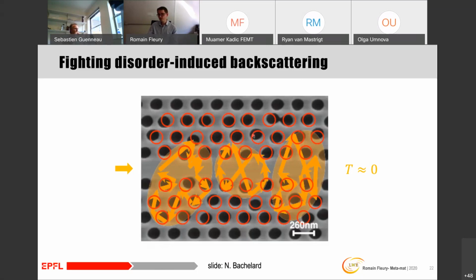And you can have disorder-induced scattering. It's an example of a waveguide. It destroys what you want to do. Here, it kills the transmission because the disorder induces backscattering. So we don't want that. We want to explore whether topology can help in this situation.